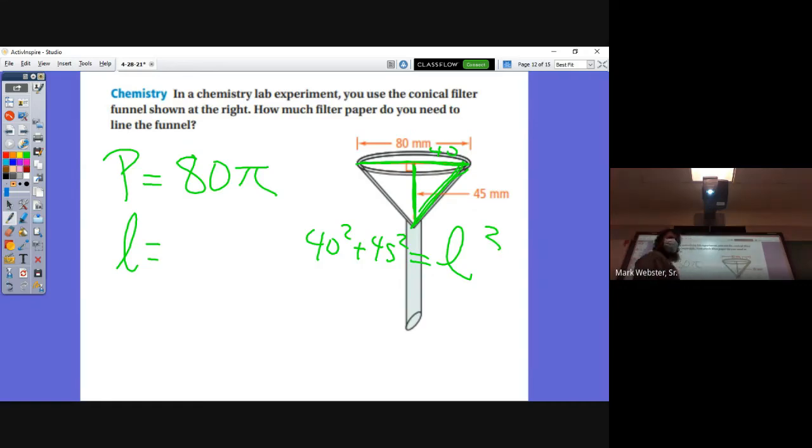What's 40 squared plus 45 squared? Anybody? Like 3,000 something, but like what actually is it? 40 squared plus 45 squared? Yes. I got like 3,625. Perfect. Good.